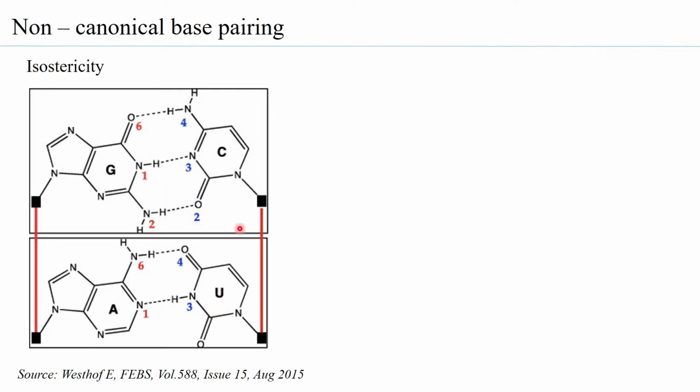Isostericity is when the distance between the C1 prime carbon of the sugar, so this is the sugar moiety, and the C1 prime carbon of the adjacent base pair is about 10.5 angstroms, then that is considered to be isosteric. And in a canonical Watson and Crick base pairing, so this is canonical, this isostericity is possible when it is the cis Watson and Crick base pairing.